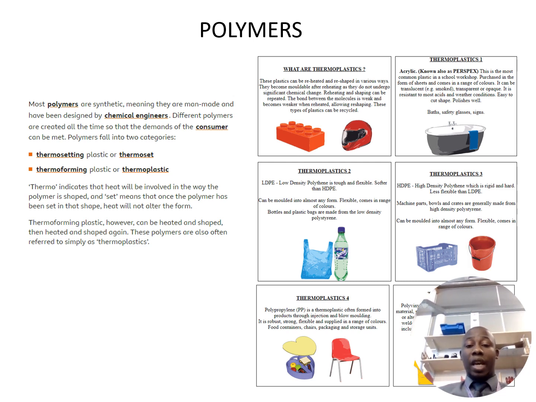The second one is LDPE, which is low density polythene, a flexible plastic that we see used mainly in carrier bags or water and drink bottles. Next to it is HDPE, which is high density polythene, which is slightly stronger than the low density polythene.